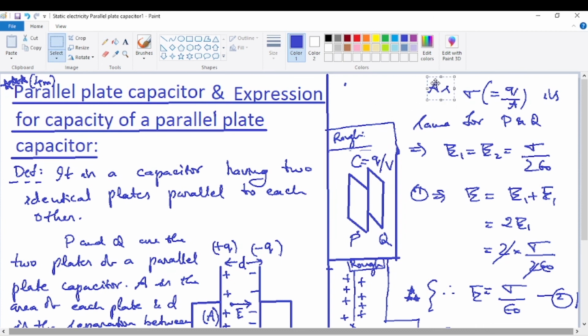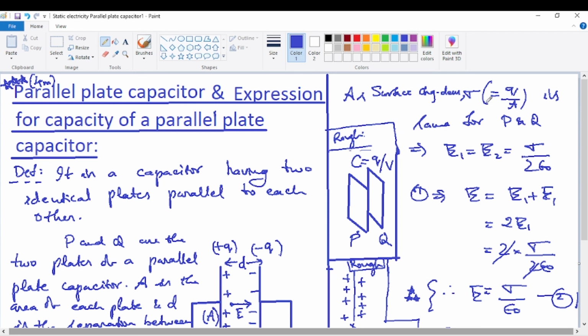As surface charge density. I'm writing density in short, see. Actually when you're writing, you have to write in full words.